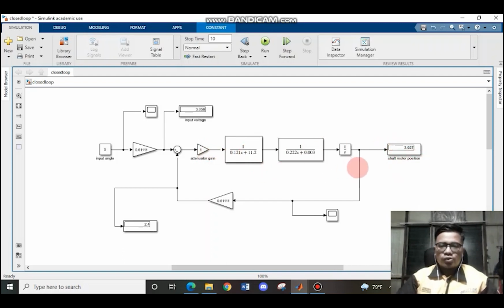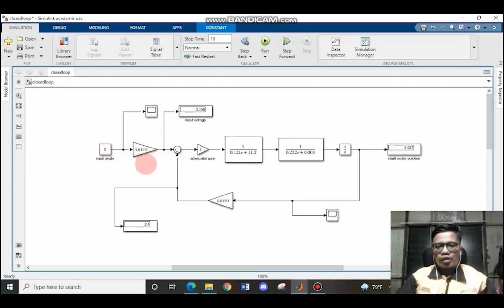So we can conclude here that the shaft motor position will have no change if either of these two is 0.